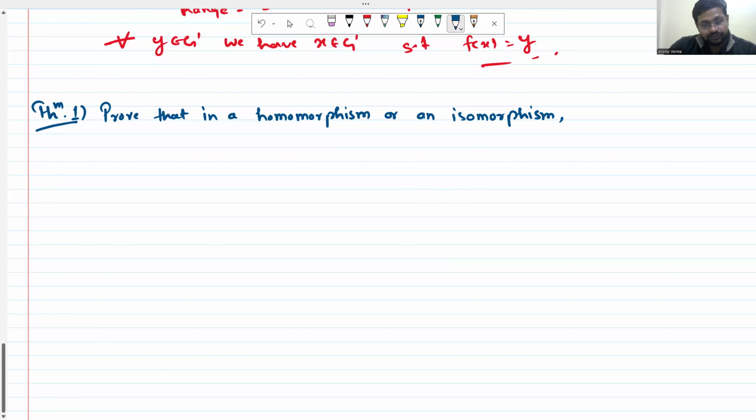So we have to prove that of two groups, the identities, okay, and inverses corresponds.